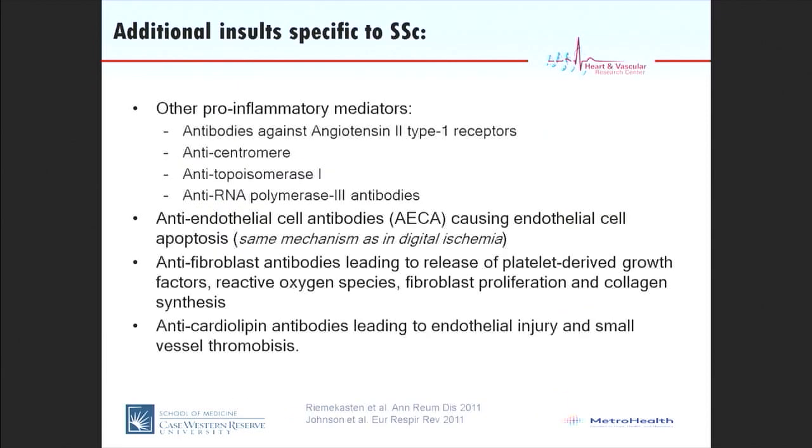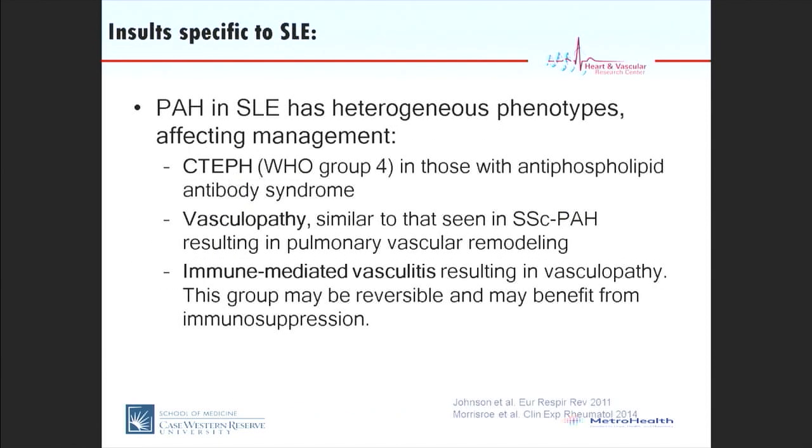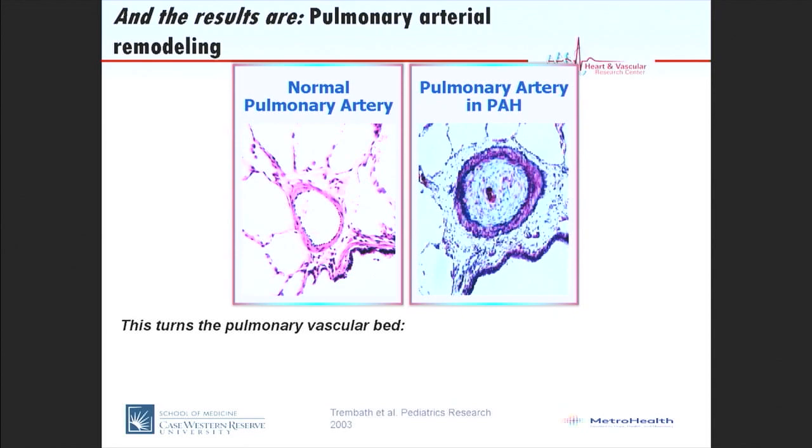We did go through these in the slide. I apologize for the slides, there are some that might be duplicates. So this is the end result here, that we have this low pressure, high capacitance blood vessel turning into a high pressure, low capacitance blood vessel.